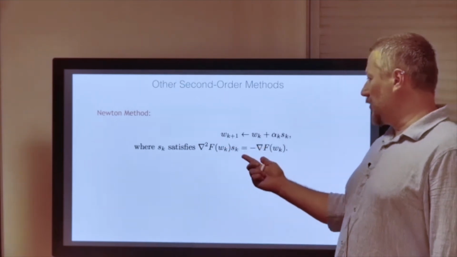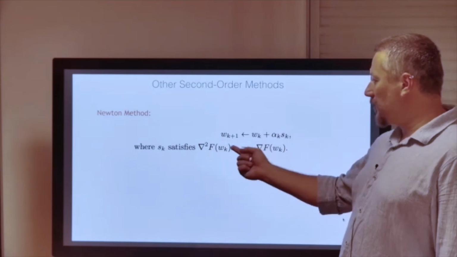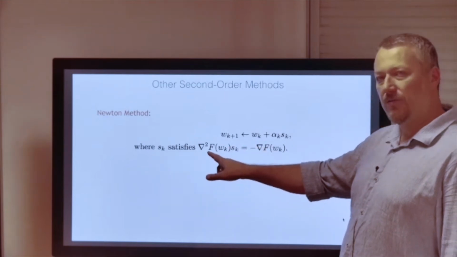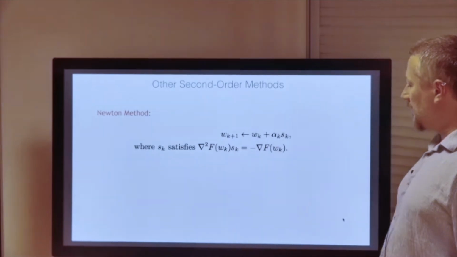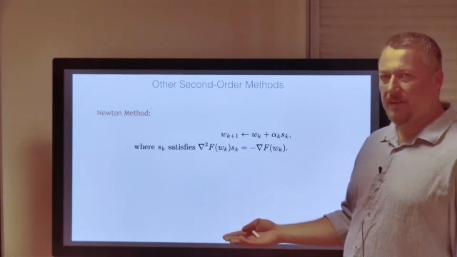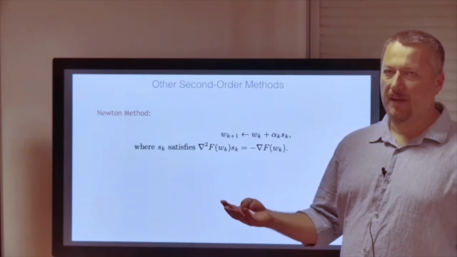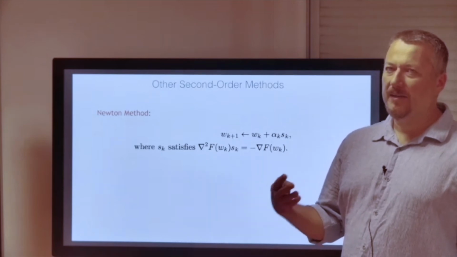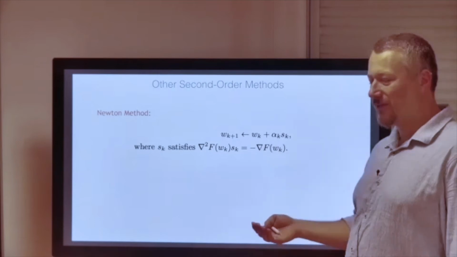And then you want to solve this equality for Sk. Well, in that sense, you need to calculate the inverse of this Hessian to solve it for Sk. And it is not easy if your function's dimension is big. And it's nearly impractical if your dimension is huge, like deep learning models.